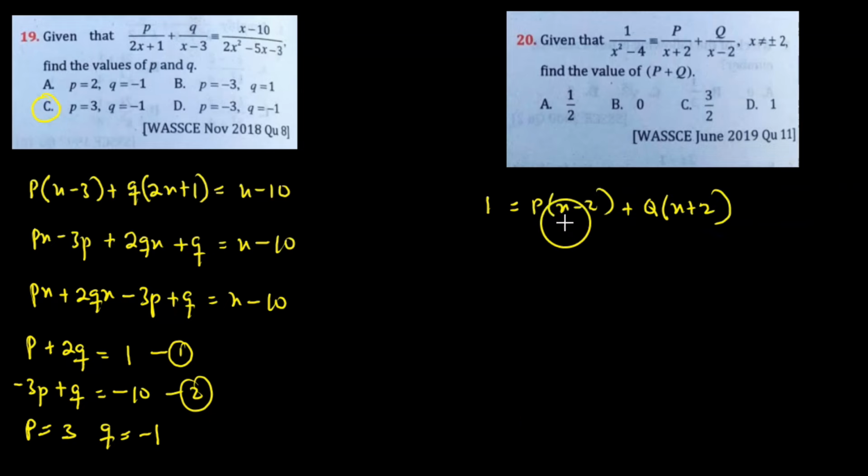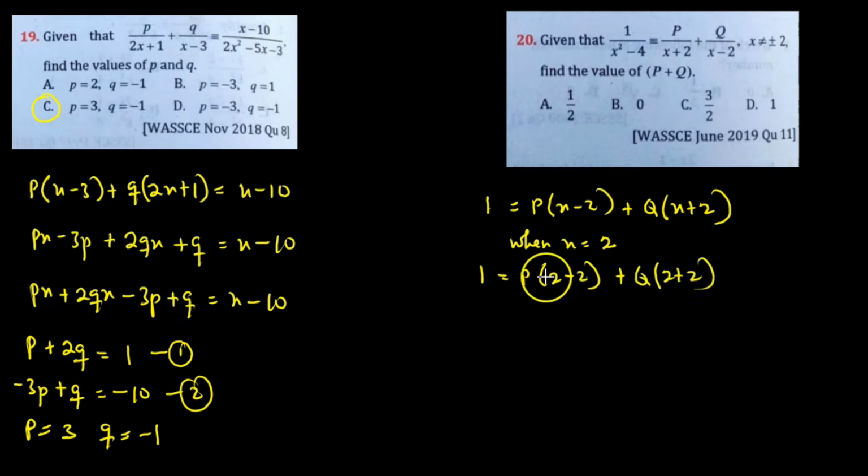Then with this one, I would like to use the elimination method, whereby when x is equal to +2, it means I'm going to get rid of P. So it gives me 1 equal to P into bracket 2 minus 2, then plus Q into bracket 2 plus 2. And therefore that's giving me 0. So I have 1 equal to 4Q. And then Q will be equal to 1 on 4. I've gotten my Q value as 1 on 4.